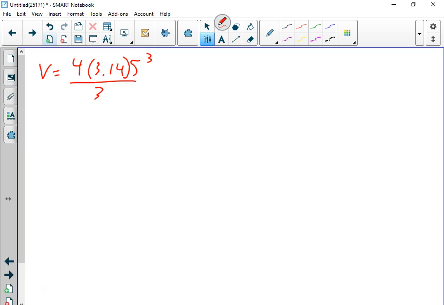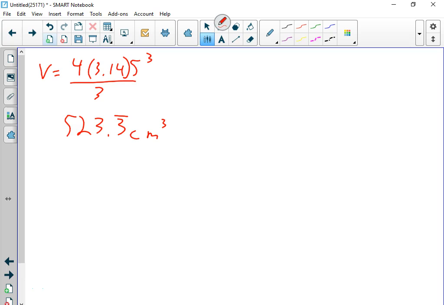Times 4 is 500. Times 3.14 divided by 3 is 523.3 repeating. And that was centimeters. Centimeters cubed.